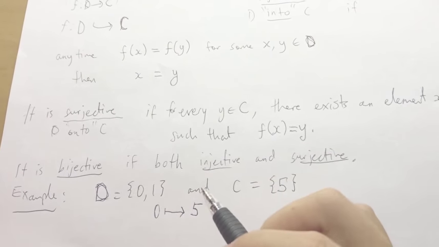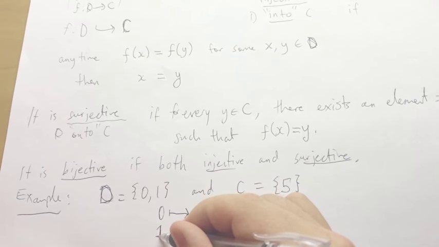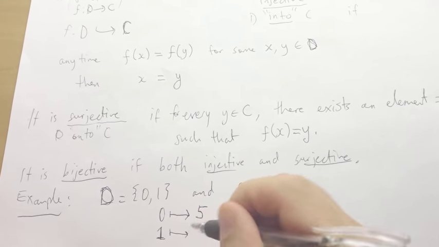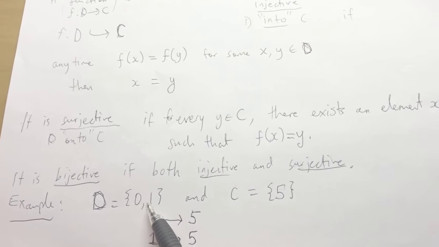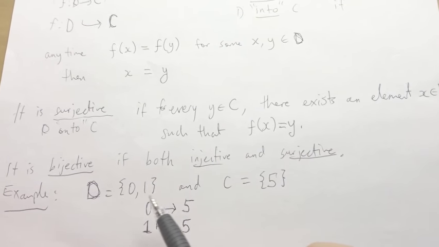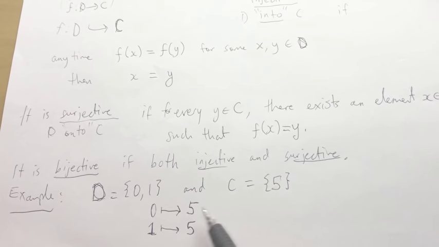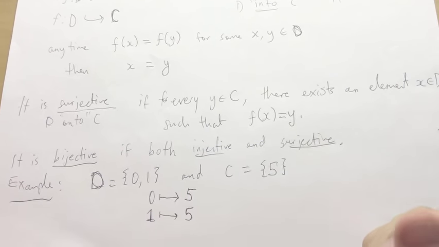Notice how 0 has to go to 5. And 1 has to go to 5. There's only one thing it could go to actually, because everything here has to go to something here, and there's only one thing here, so it has to go to 5. And because everything here, 0 and 1, both went to something, then it's enough to define a function.